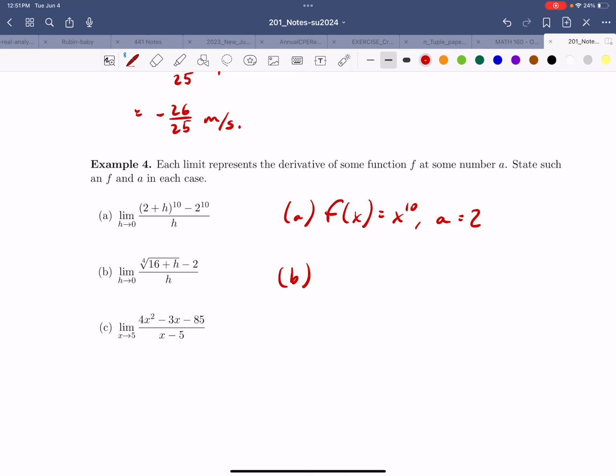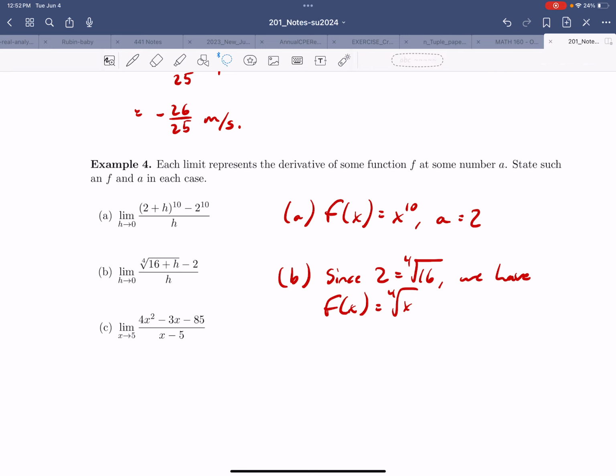But you need to notice that 2 equals the 4th root of 16. That's the trick. Right? Once you see that, we have f of x equals the 4th root of x, with A equaling 16.